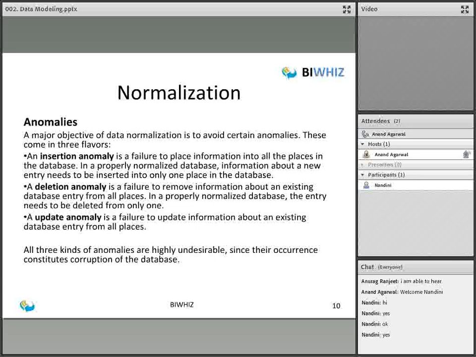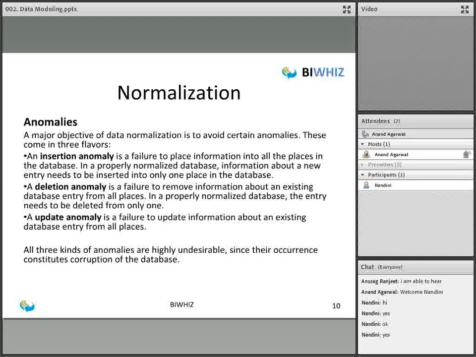The second problem is the insert anomaly. If you want to add a new customer, you have to add it into all these 10 tables, because you cannot just have it in one place, since this customer is maintained in all the places. Because of human error, if you miss it in one table, again the whole database is corrupted. Your data is not consistent, right? The delete anomaly is a similar one, where you want to delete this customer or some order information.